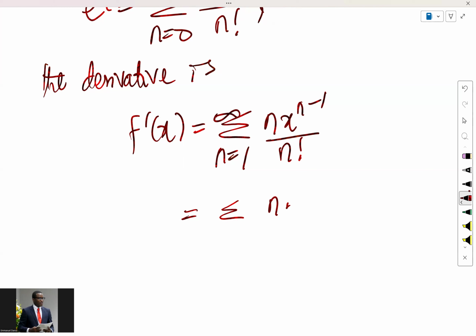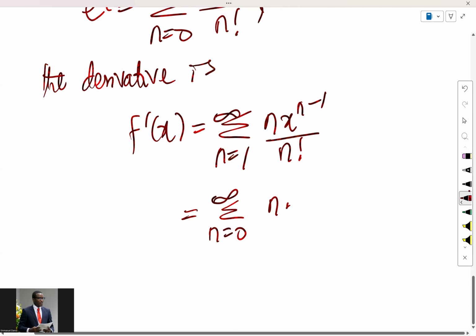So if we have to go a step backwards, it means we can simply have n equals 0. A summation from n equals 0 to infinity, and that clears off this n. So that automatically clears off the n, and it takes it one step backwards.